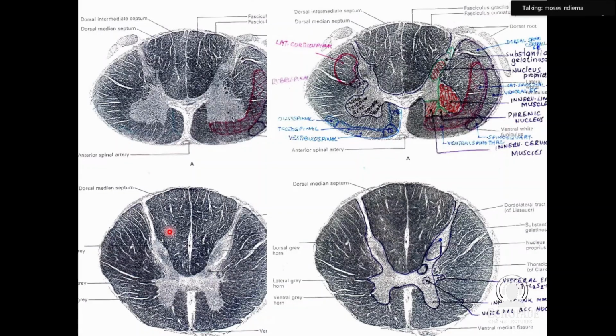In this case, most of your bowel movements, micturition, also defecation will be a problem. So you will end up with urinary and fecal incontinence. Incontinence is where you are not able to control your micturition or defecation.